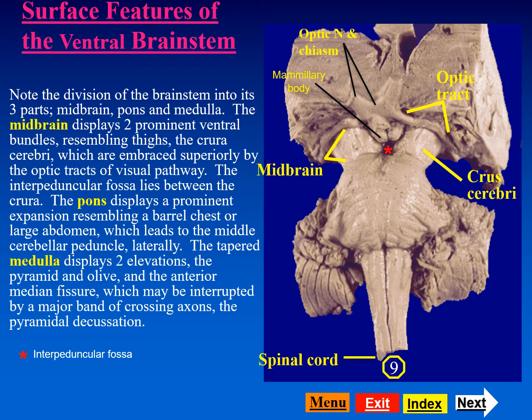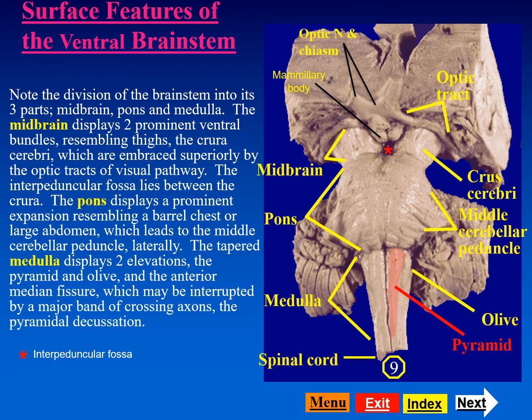And one last thing that's part of the diencephalon here and is adjacent to the midbrain is the mammillary bodies. As we move on to the pons, we see that this barrel-chested ventral surface of the pons tapers off laterally into fiber bundles that project to the cerebellum, and that's the middle cerebellar peduncle. On the medulla, we have a couple of elevations that we can see here.